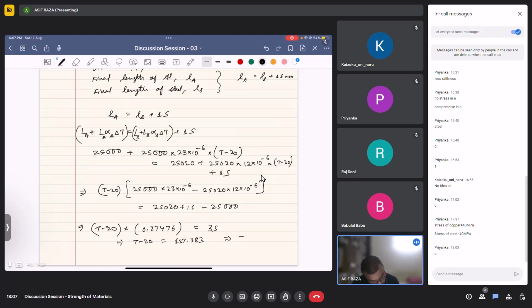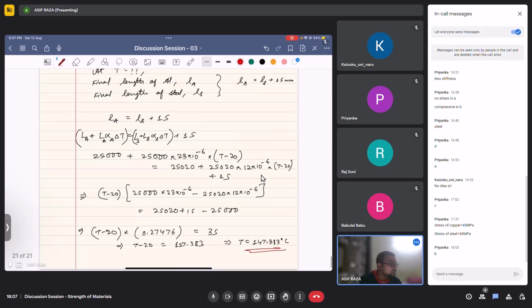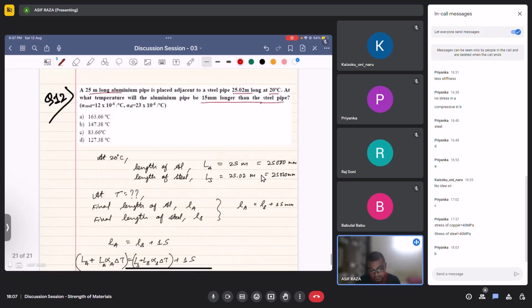This implies the final temperature would be equal to 147.383 degrees Celsius. So this is the answer, and the final answer is option B.